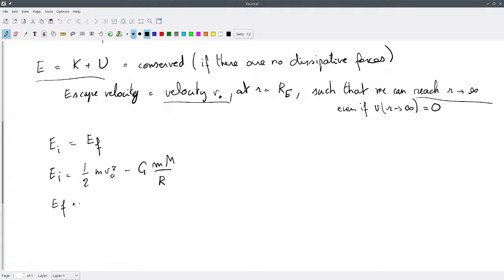The final total energy will be at R infinity, so the potential energy is going to be 0, and at a velocity equal to 0, so the kinetic energy will be 0. So the entire final total energy will be 0, and we get as an equation that 1/2 m v0 squared minus G m big M over r has to equal 0.